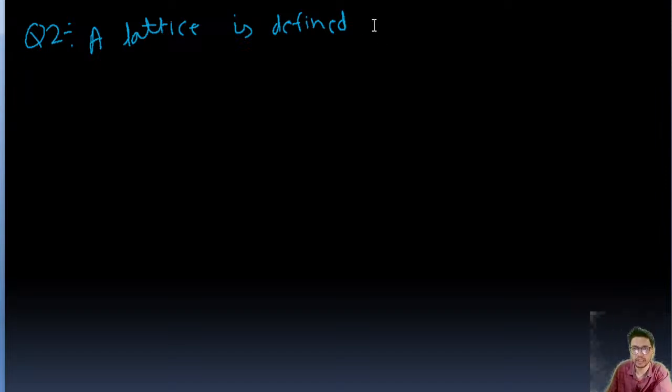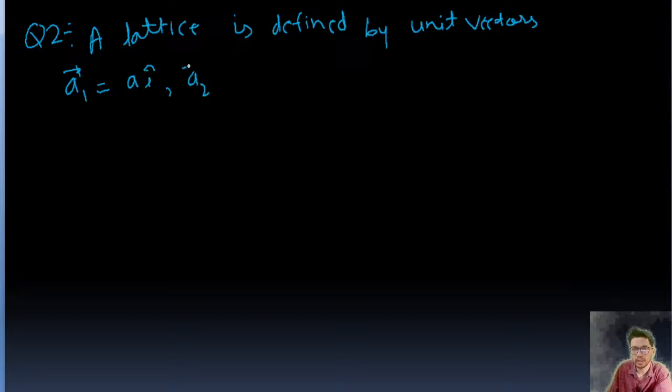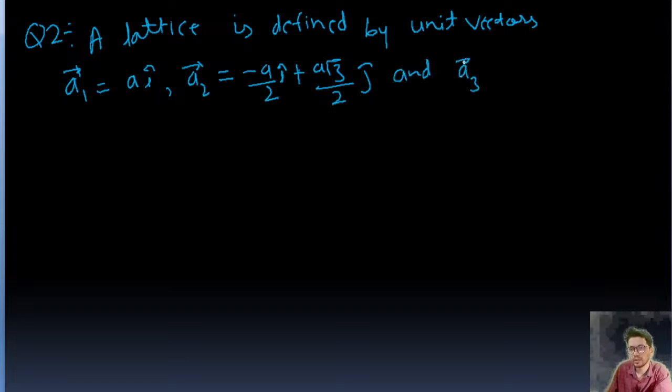So a lattice is defined by unit vectors a1 equal to a i cap, a2 equal to minus a by 2 i cap plus a root 3 by 2 j cap, and a3 equal to a k cap, where a greater than 0 is a constant.